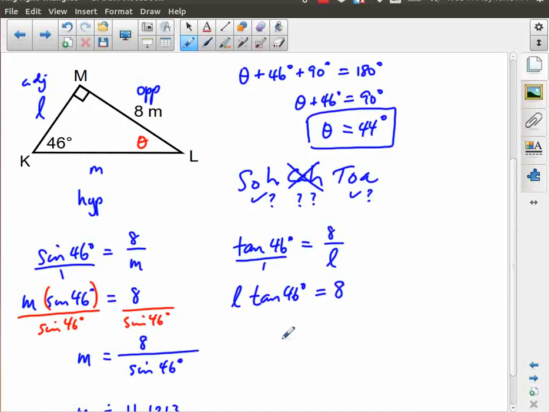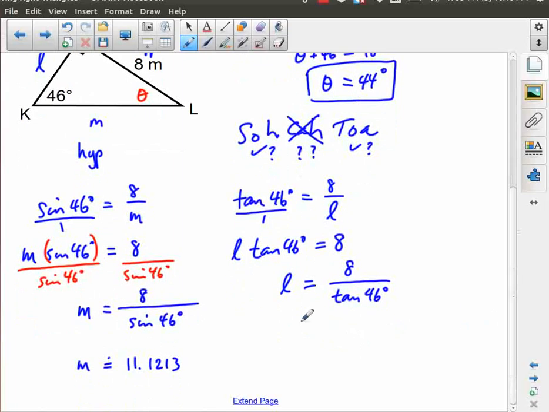We divide both sides by tan 46 degrees, so I end up with 8 over tan 46 degrees. And again, using my calculator, I take 8 divided by the tangent of 46 degrees, and I end up with 7 point, and I'm going to do 4 decimals again, 7255.